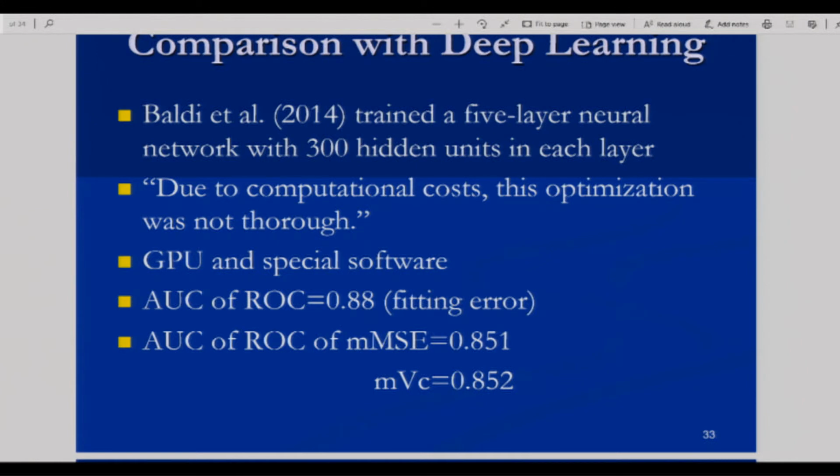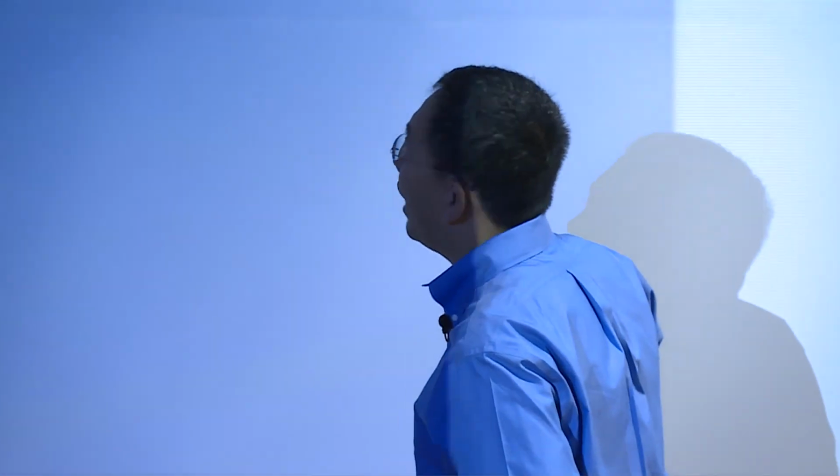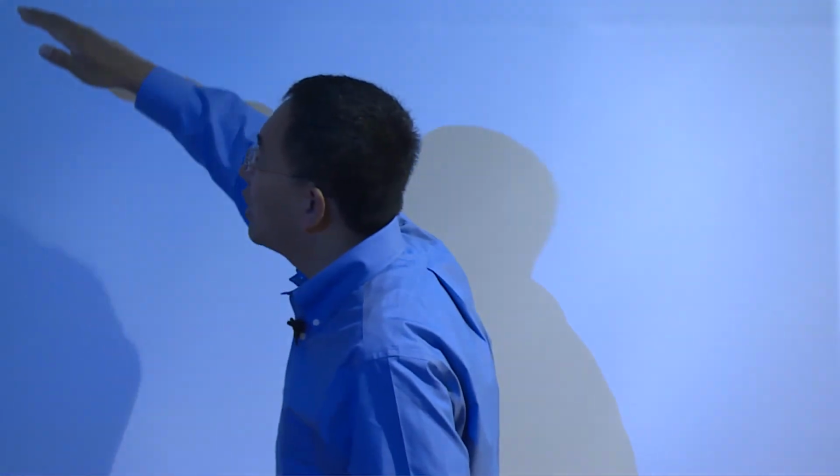There is one phrase in the original paper which took us a lot of time to parse. They say that due to the computation cost, this optimization was not thorough. Eventually we figured out what was going on.